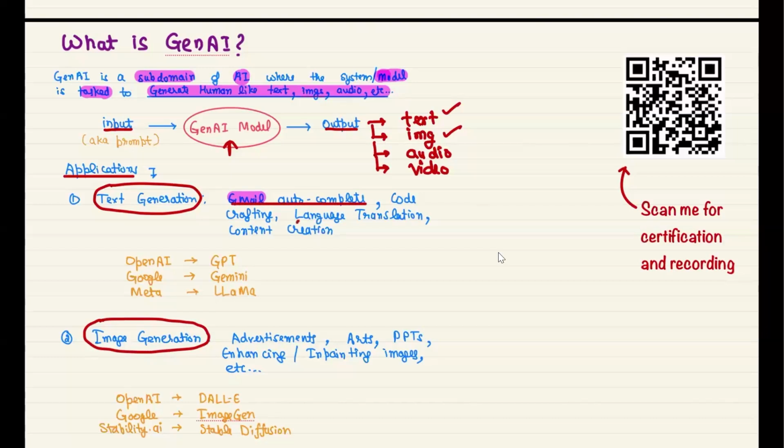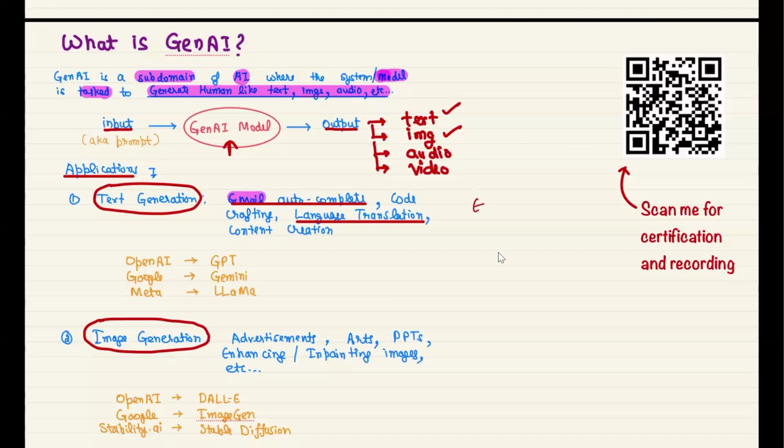Similarly, we also studied something called language translation. What is the meaning of language translation? That's okay, Google Translate, text to text. But can I say language translation means converting one language to another language?